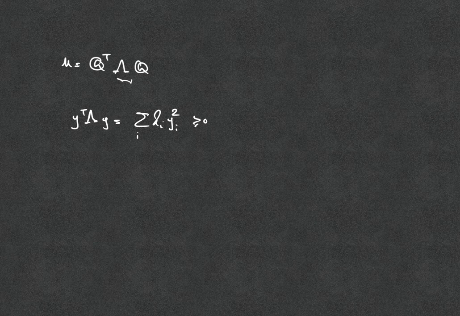So we know that if you consider this is going to be larger than or equal to 0 for all possible y's, only if lambda i's have the same properties, meaning that they are larger than or equal to 0 for all of the i's. And the same thing applies for the positive definite, except that you use a strict version of this inequality.